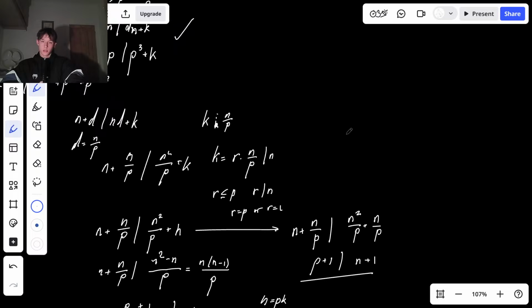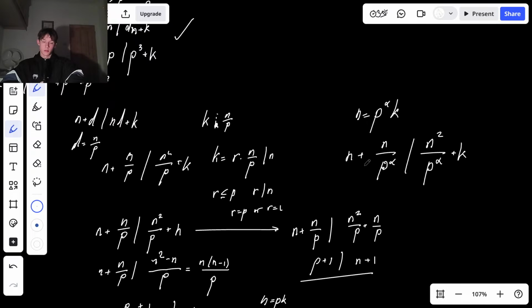We can also try to set n equal to p to the power of alpha times k, where k is not divisible by p and p is the smallest prime. Then we know that n plus n over p to the power of alpha should divide the product, which is n squared over p to the alpha plus k.